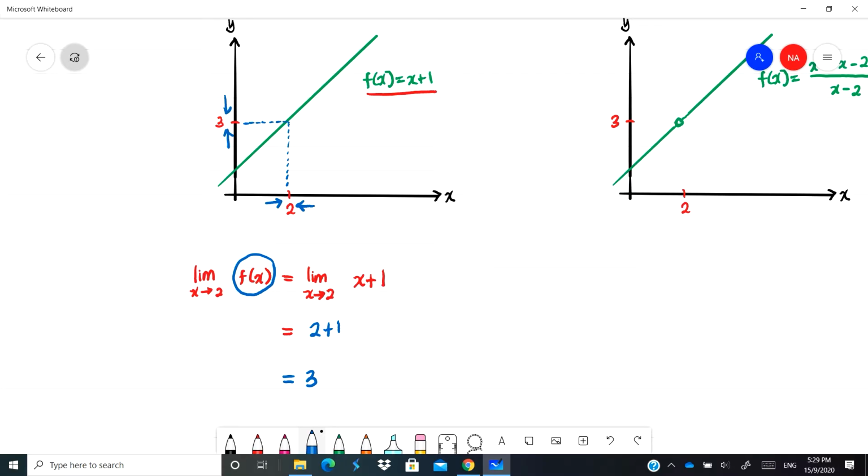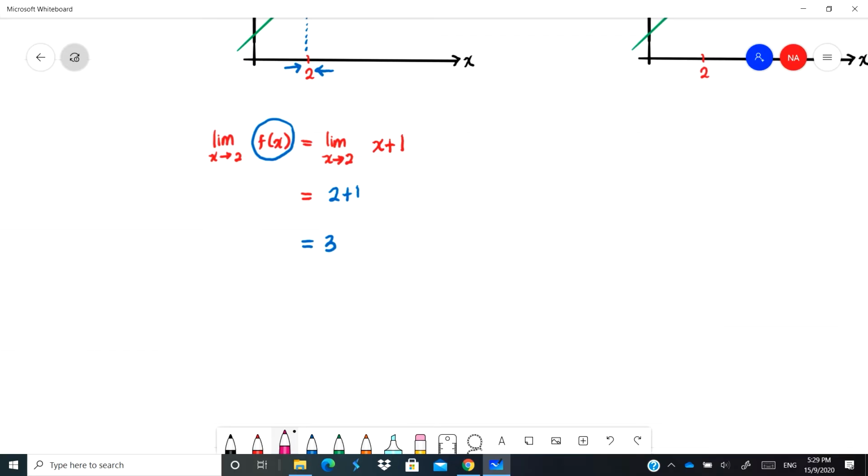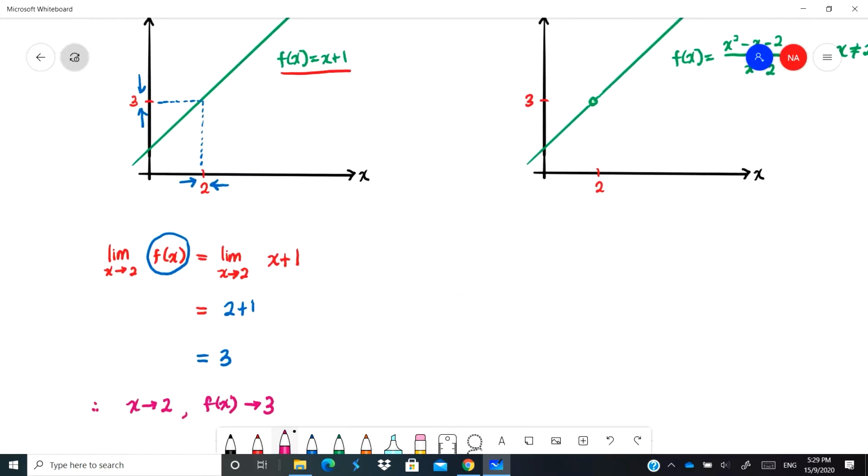That's what the limit means. You may write that as x approaches 2, f(x) will approach 3. The value is 3. This is the limit, but it is different from the defined function.